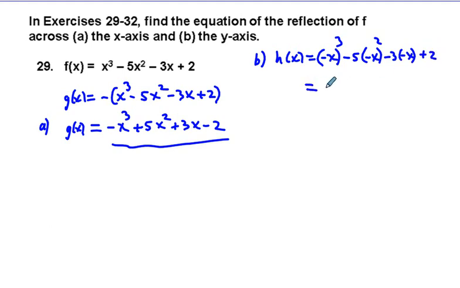Simplifying, we have negative x cubed minus 5x squared, and then minus minus, so plus 3x, and finally plus 2. So that's going to be h of x. Now I think I pre-programmed the original and b, so let's take a look at those.